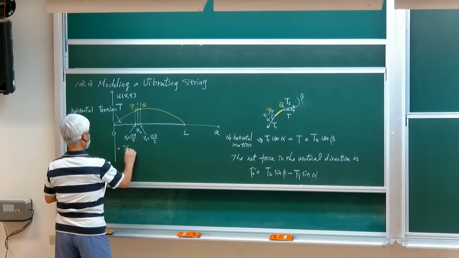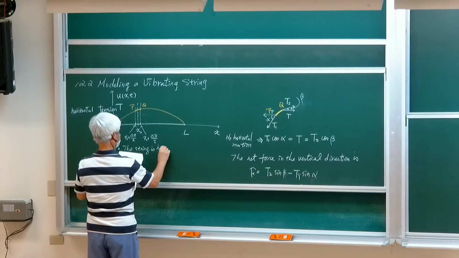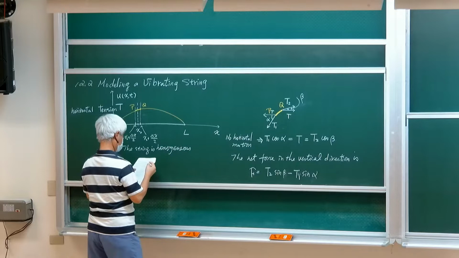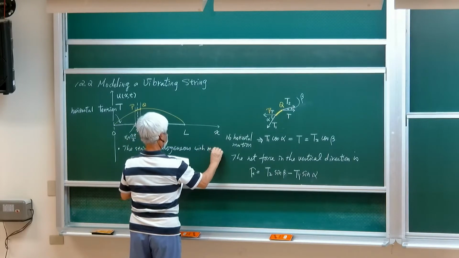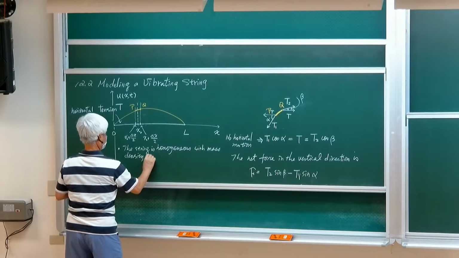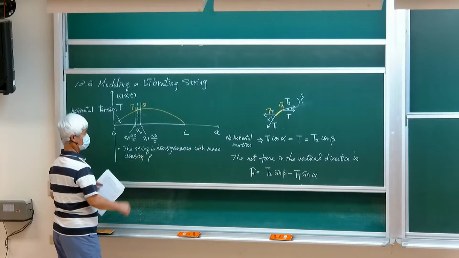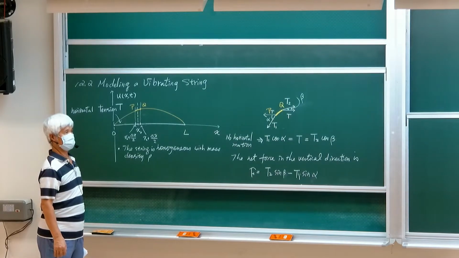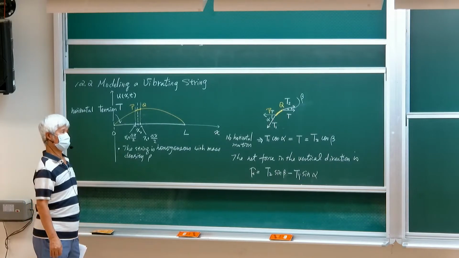The string is homogeneous, with mass density rho. The unit for the mass density could be gram per centimeter, or gram per millimeter.